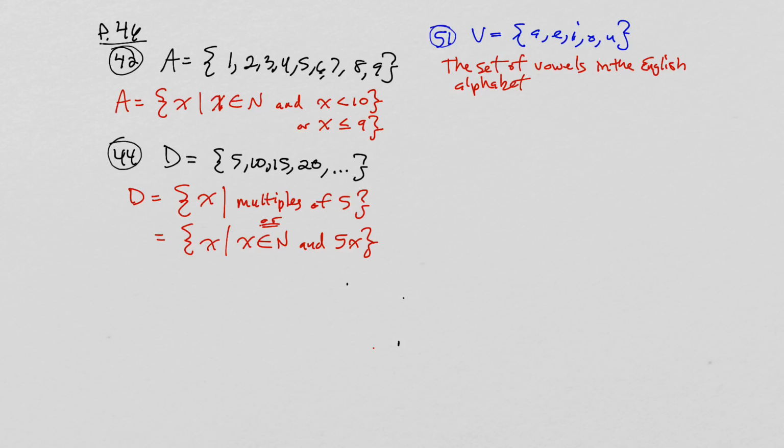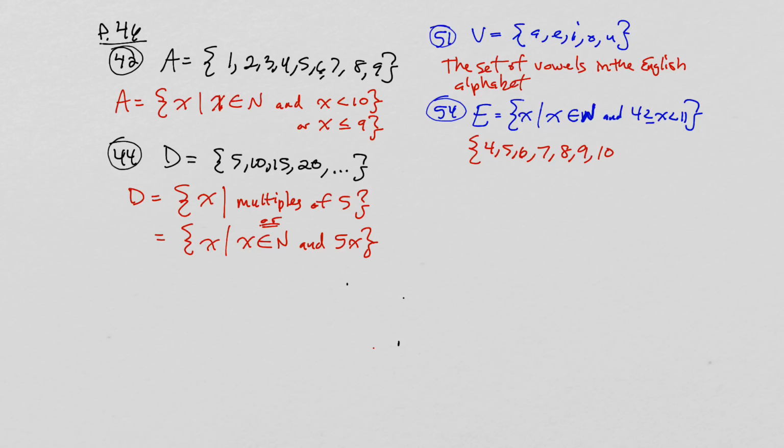And 54. X is an element of the natural numbers, and 4. So we take a look at the roster format. This is basically 4, 5, 6, 7, 8, 9, and 10.